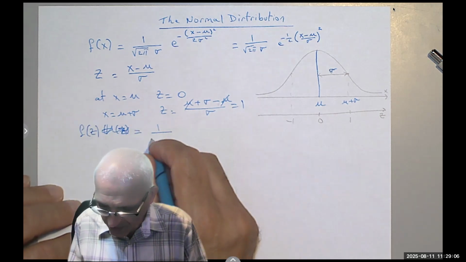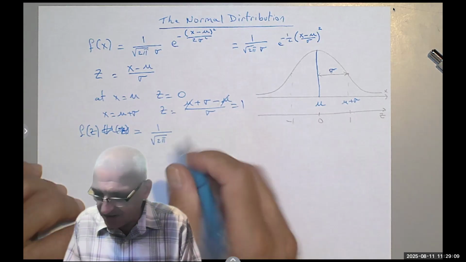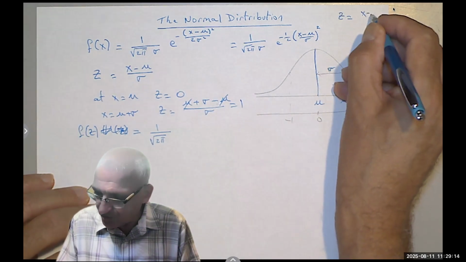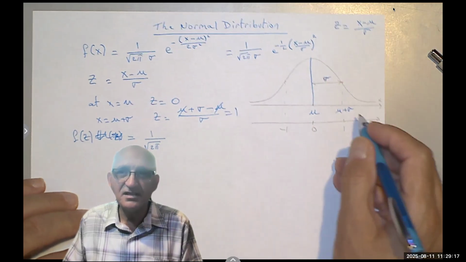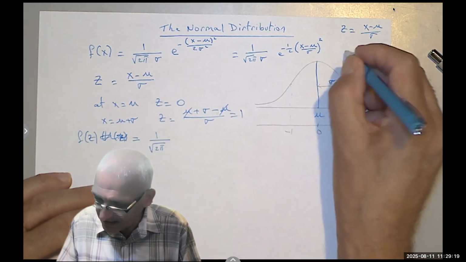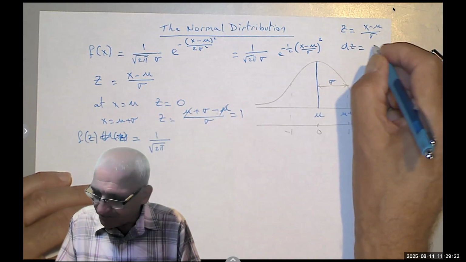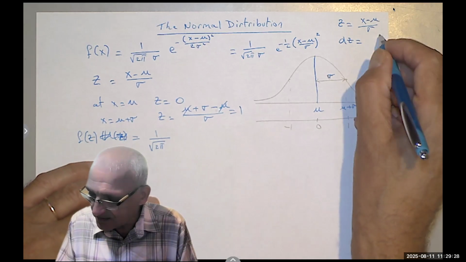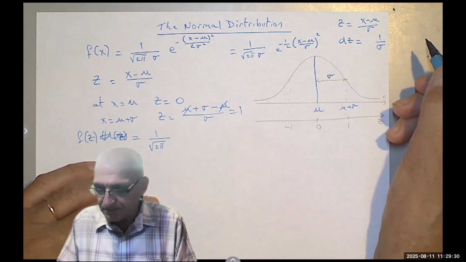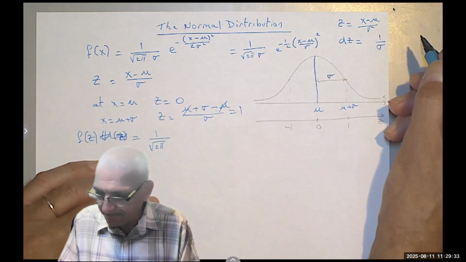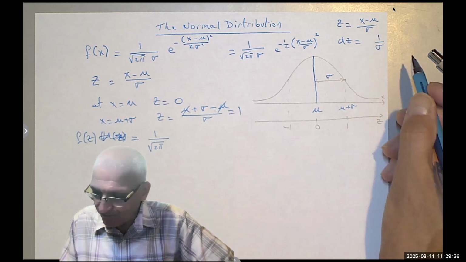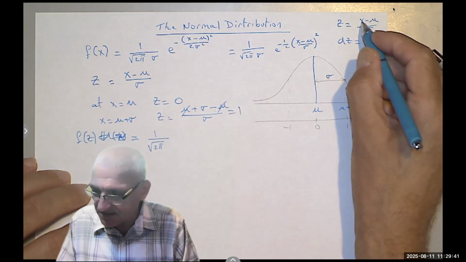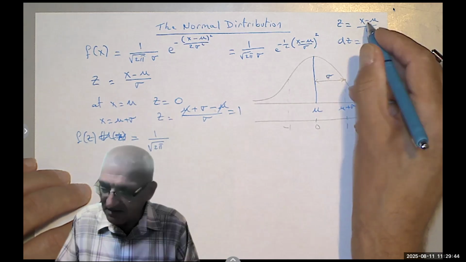Notice that if z equals x minus mu over sigma, like we did in integration by substitution, then when you take the derivative with respect to x, dz becomes dx over sigma, and the mu is 0.